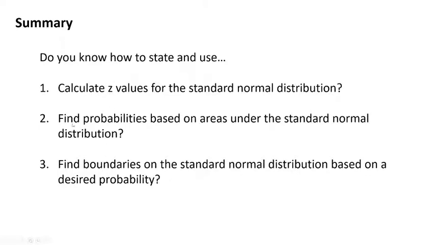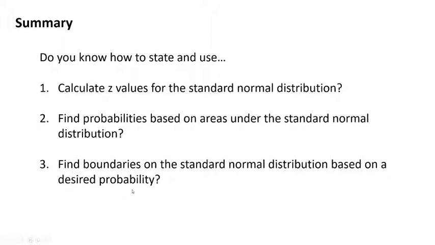Do you know how to state and to use to find probabilities based on areas under the standard normal distribution? In other words, to be given 2 z-values or 1 z-value and find out what's the area under the curve, less than that z-value, greater than that z-value, maybe between 2 different z-values. And then also find z-values, find boundaries on the standard normal distribution based on the desired probability.